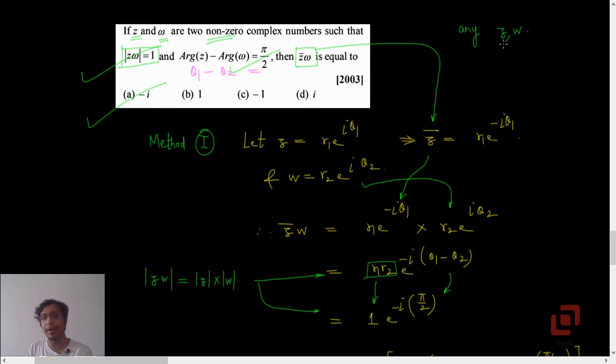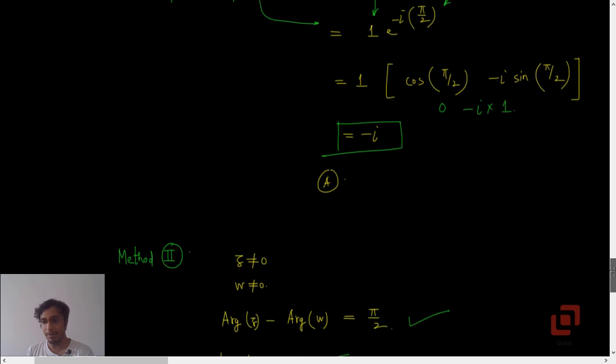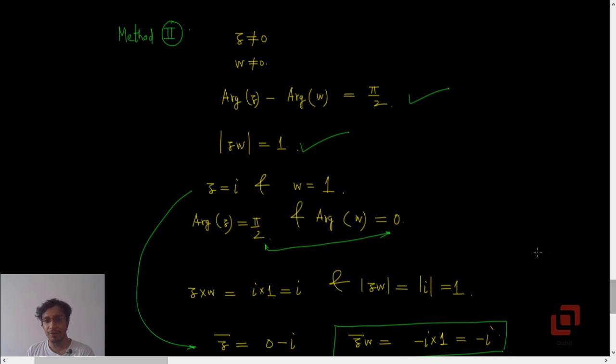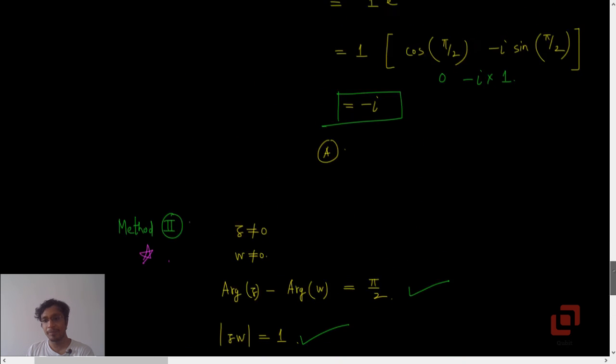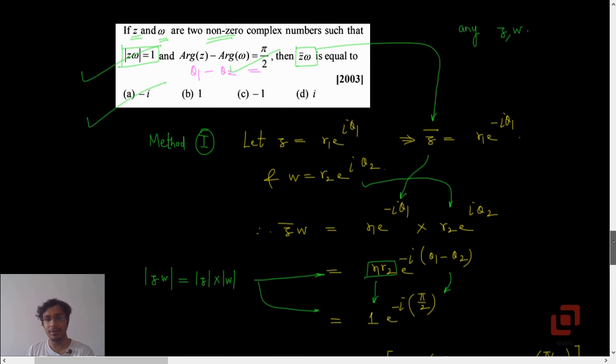We carefully picked the values of Z and W so that they satisfied mod of Z into W equal to 1 and argument of Z minus argument of W equal to pi by 2. Then the rest was very simple. But you should be well aware of your choices. Only then the second method is going to work. Otherwise, follow the first method which everyone tells you.